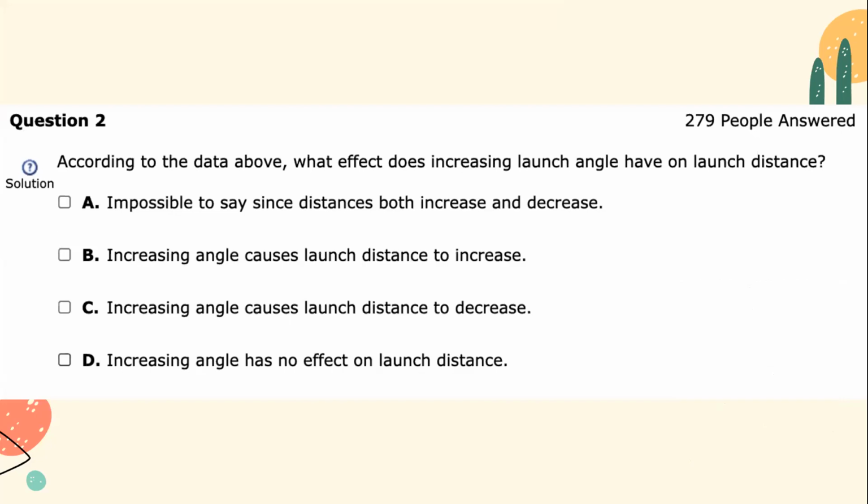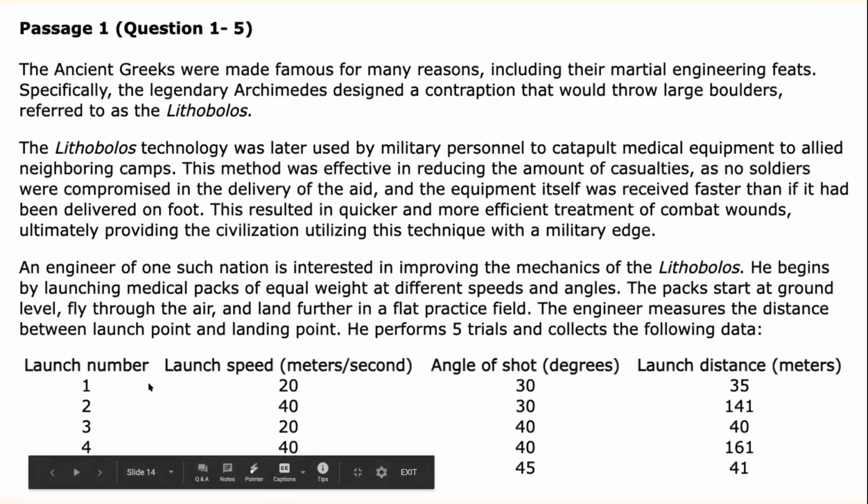I can also show you on the table itself. So I compared launch number 2 and 4 because the speeds were the same, but the angles increased. And then you can see the distance also increased here. You could also have done this with launch number 1, 3, and 5. As the angle increased from 30, 40, 45, the distance also increased from 35 to 40 to 41.